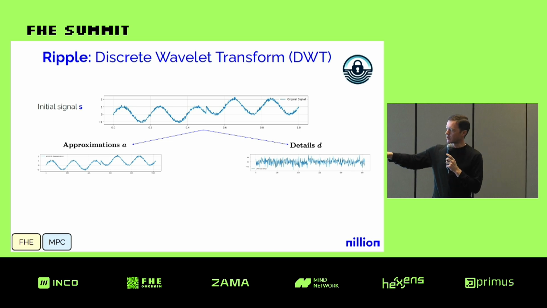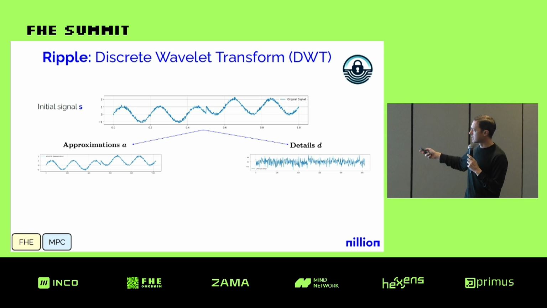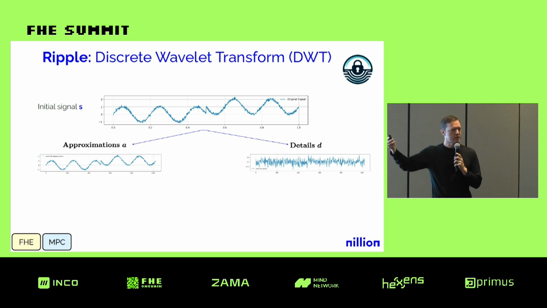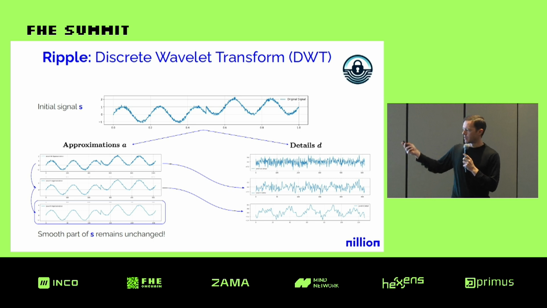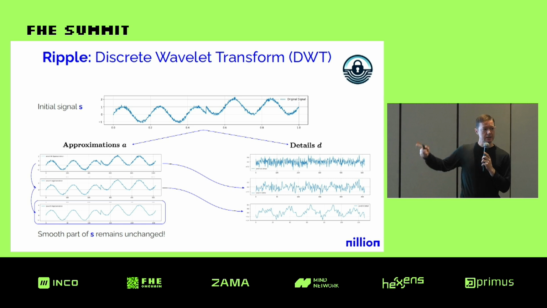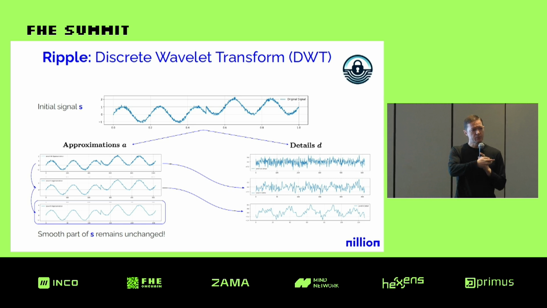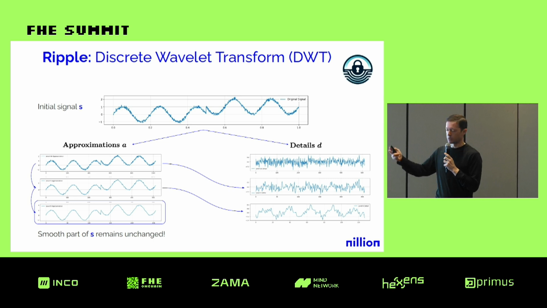As you can see, the approximations are a smoother version of your function, whereas the details capture this noisy component. If you apply it a couple more times, the suspicion is confirmed. The approximation gets the smooth part, which is the sine component, and the details are capturing the noise. So you have removed the high frequency noise component, and stay with the smooth version of the function.